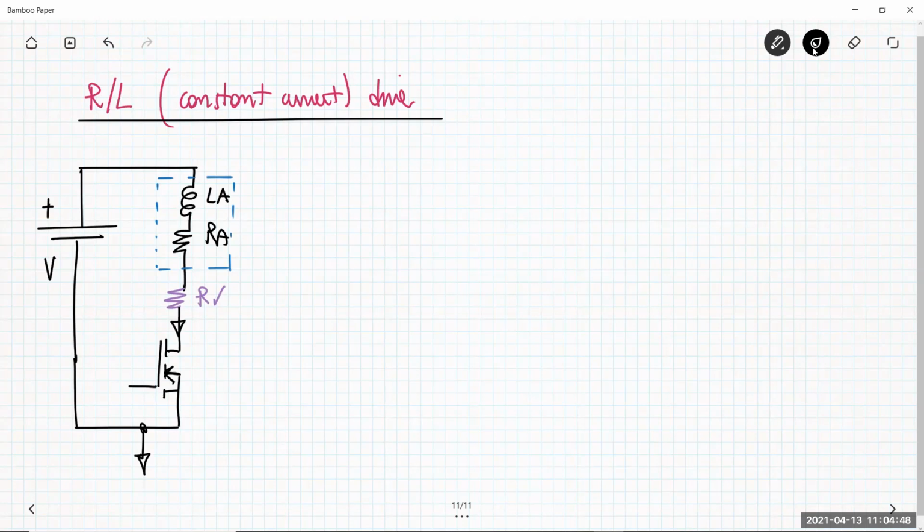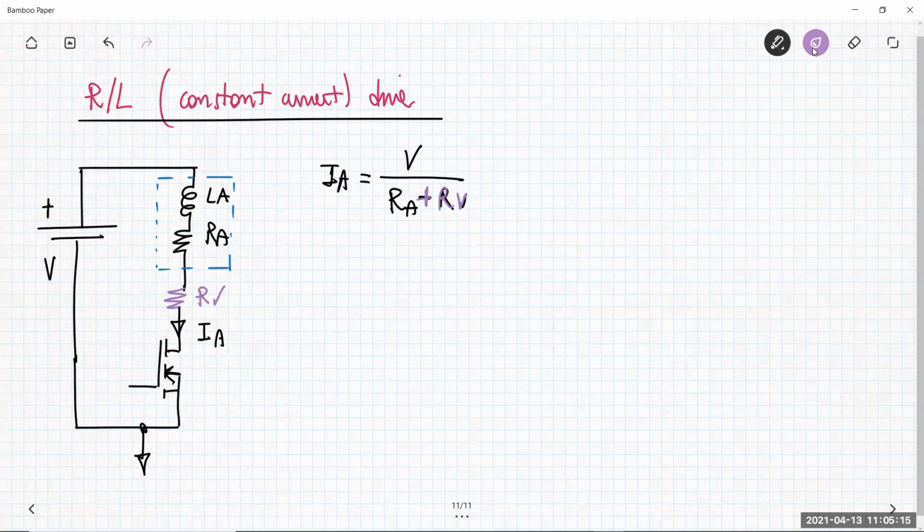The current flowing here, when the MOSFET is commanded to be on, so at the turn-on, will become IA, the nominal value, and this nominal value will be V divided by RA plus RV. Now we have this term here that before was not present.